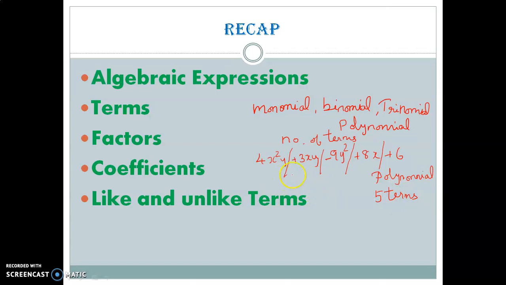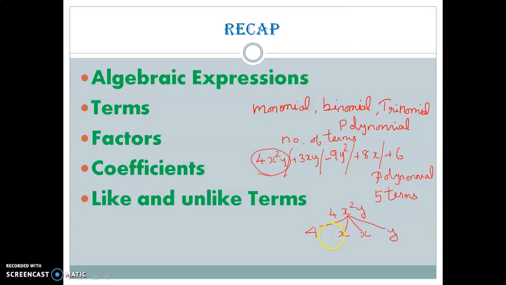And how many factors does this first term have? So 4x squared y has 4 as one of its factors, 1 x, another x, another y. So these are the factors of 4x squared y.